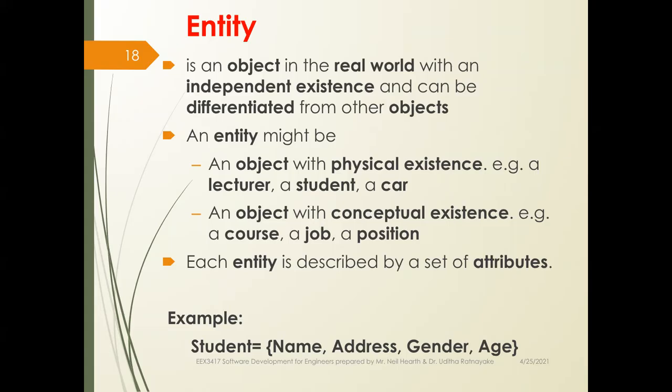There are two types: physical entity or conceptual entity. Course, job, position. Each entity is described by a set of attributes. The entity has a set of these attributes. For example, a student has name, address, gender, age, like that.